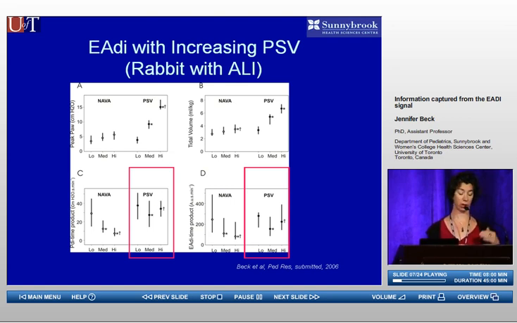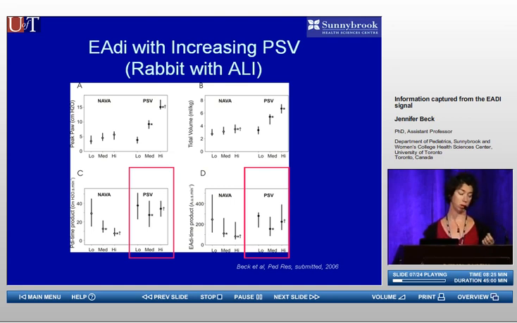But when we went to a very high level of pressure support, we actually saw an increased transdiaphragmatic pressure and an increased diaphragm electrical activity. What we found was that in this animal model, when you increase the pressure support, there was a progressive increase in the delay between the onset of the diaphragm activity and when the ventilator triggered. So there was increased work just to trigger the ventilator.